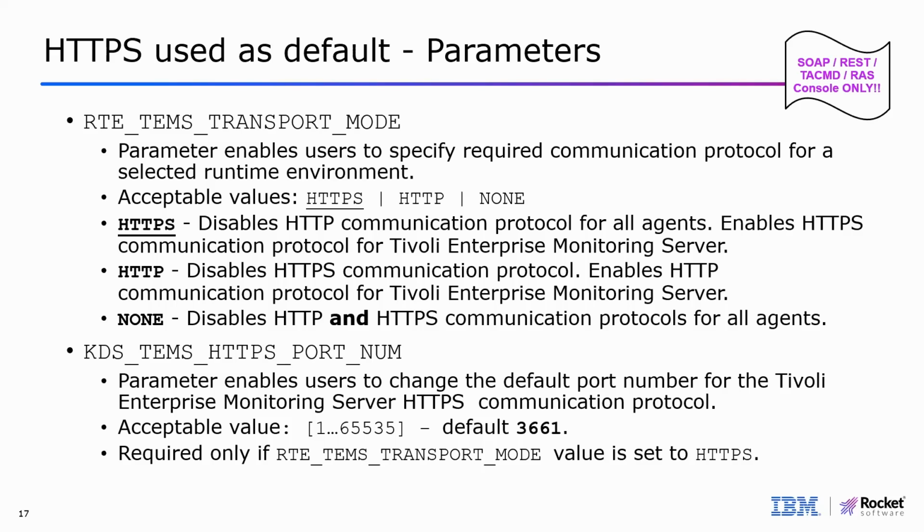So when you decide to go with HTTPS, there is an additional mandatory parameter, which is the HTTPS port number. And by default, this is 3661. And this will be enforced by validation, whether you have set this or not. If it's not set, your validation will break.